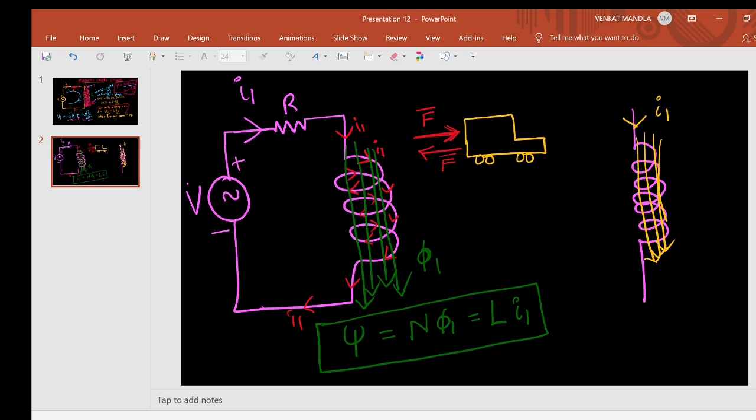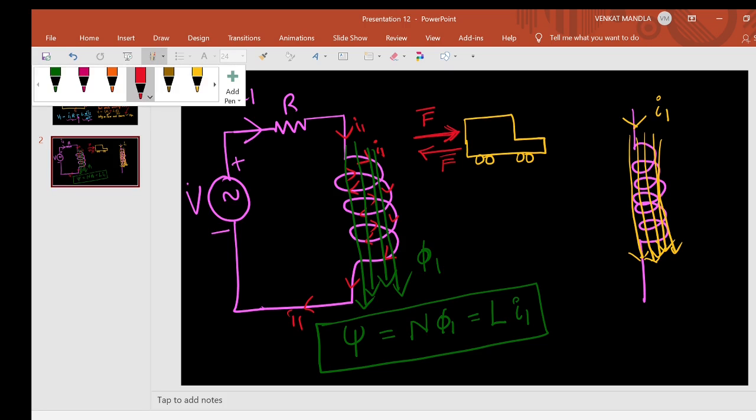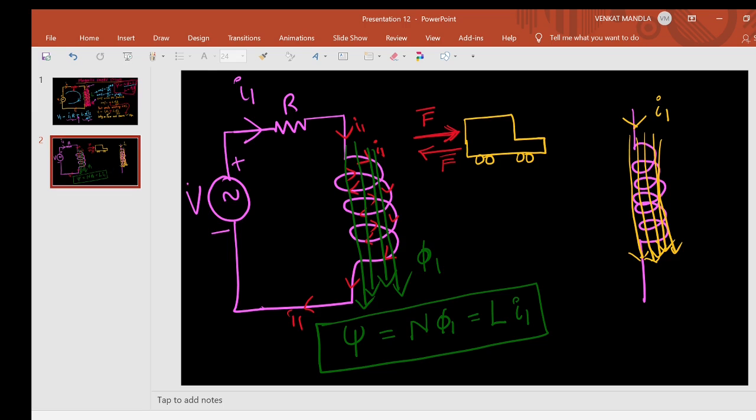But this inductor will not allow this kind of change. What will it do? It also opposes. This yellow one is pi 1, so this inductor will try to oppose it, in this direction.